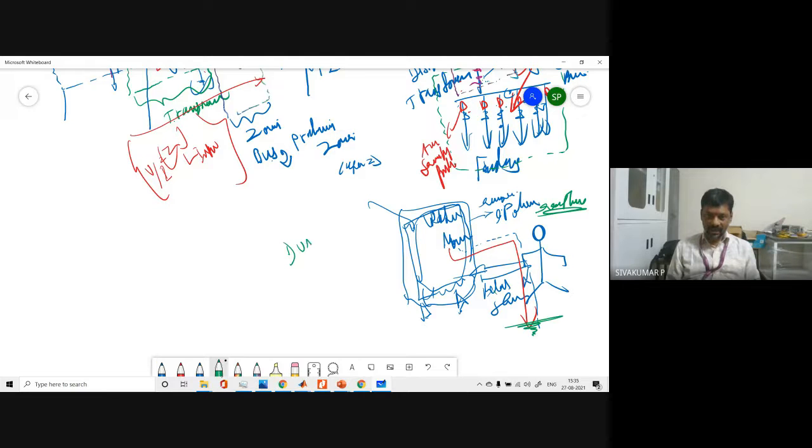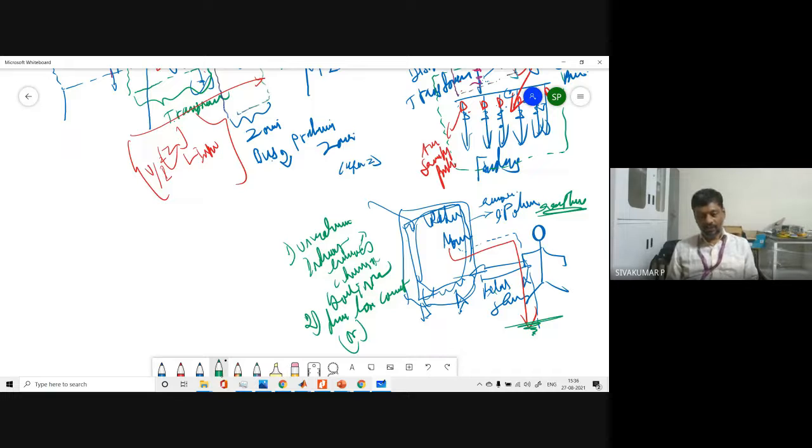Which means the unwanted inductive energy, or charged energy, in the body. The next point is loose connection, or suppose you are using heating coils, coil heaters.